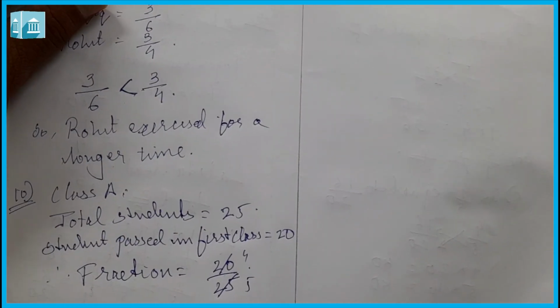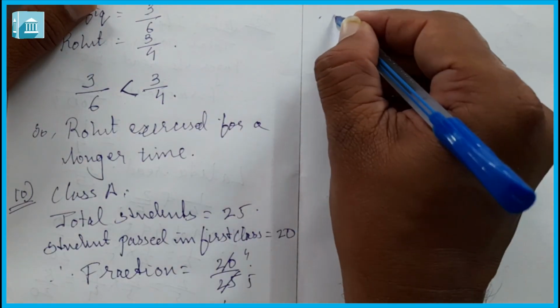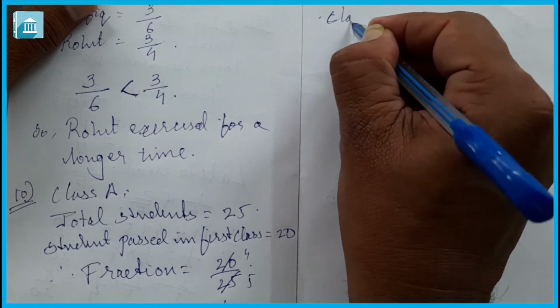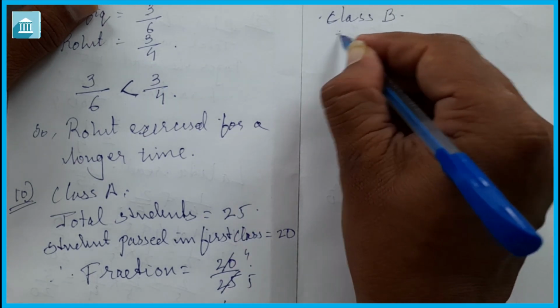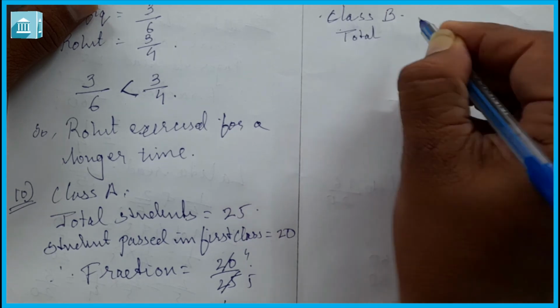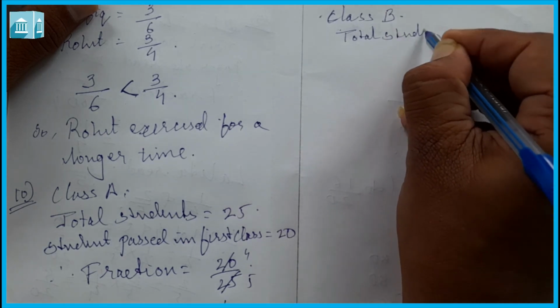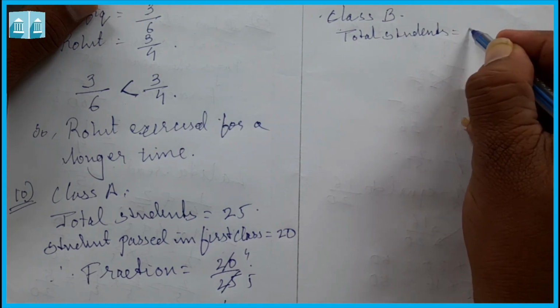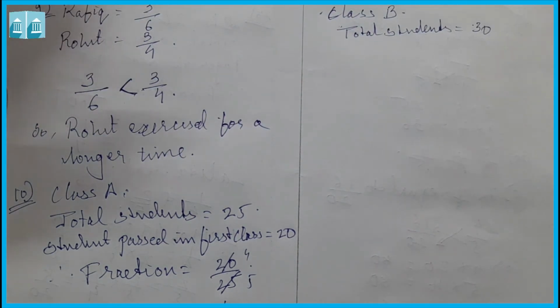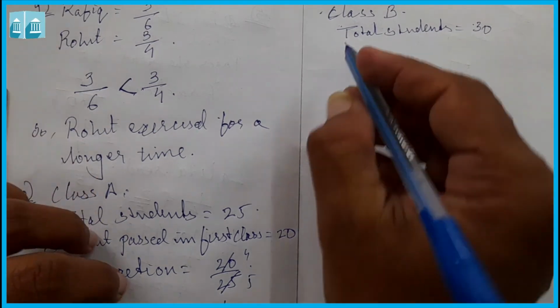Then class B. Total students is given as 30.